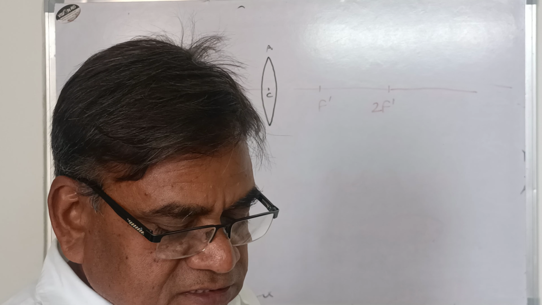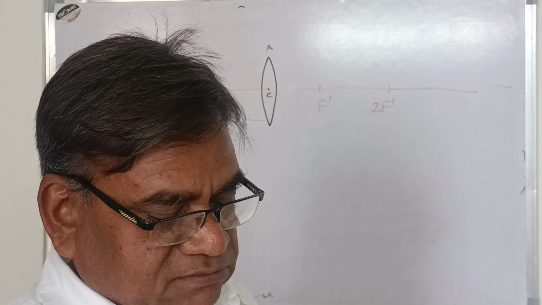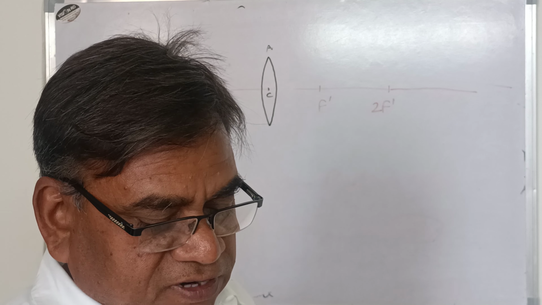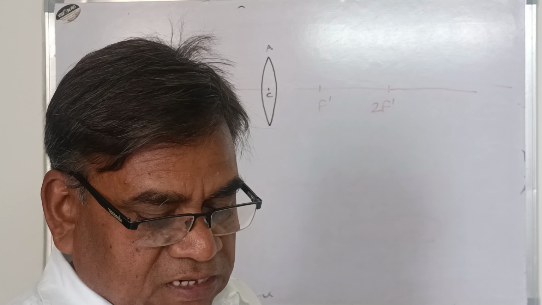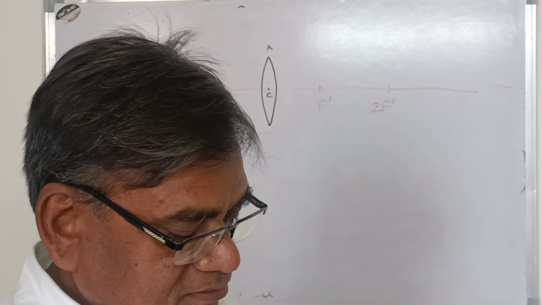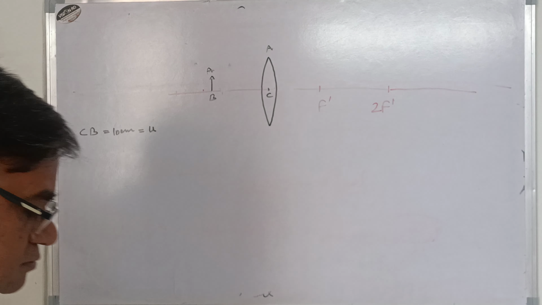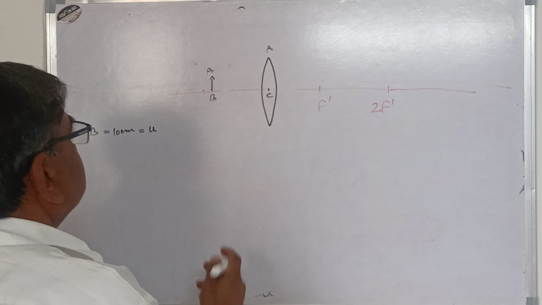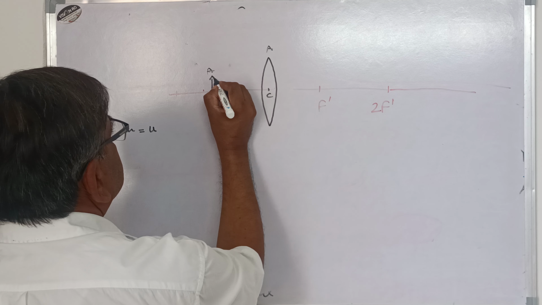The image is real, inverted, magnified, and formed at a great distance. ज़्यादा डिस्टेंस पे बनती है. What is the case?